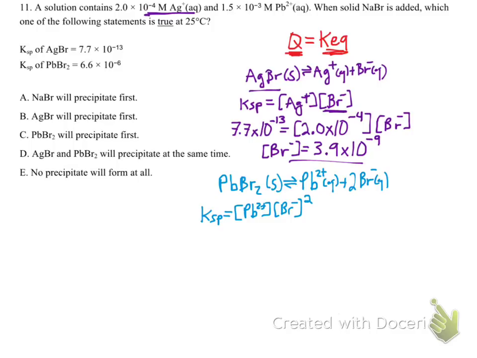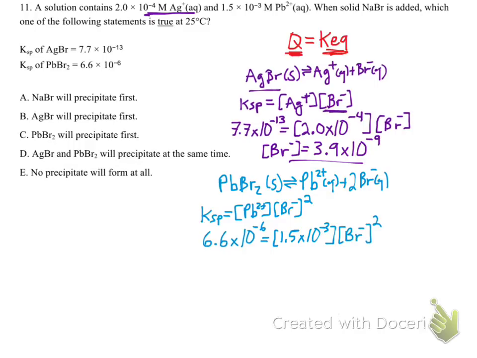All right, let's plug in our values and find out how much bromide it would take to make a precipitate. So 6.6 times 10 to the negative 6 is our KSP value for lead bromide. We're given our lead concentration above, so that's going to be 1.5 times 10 to the negative 3rd, times the bromide ion concentration squared.